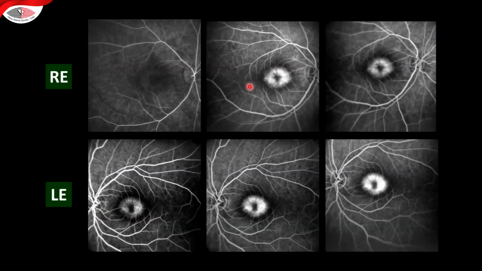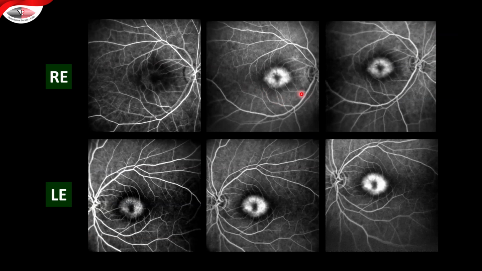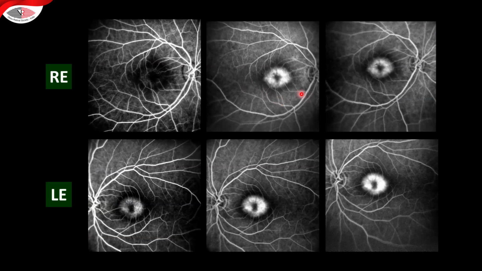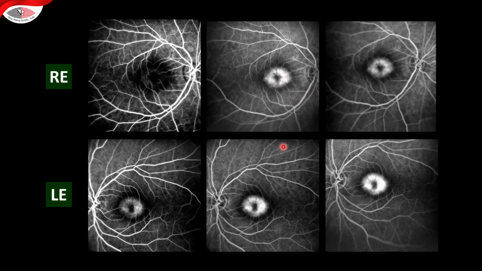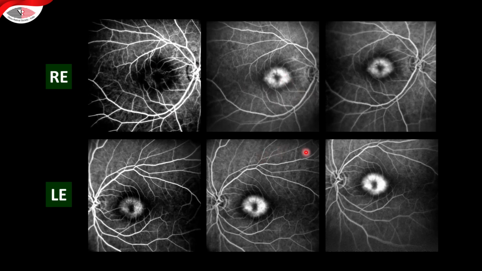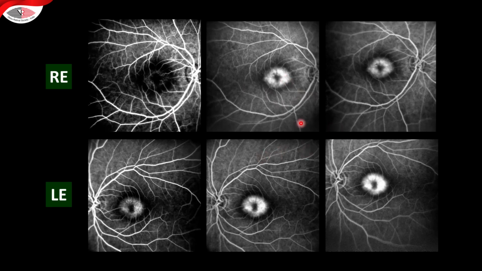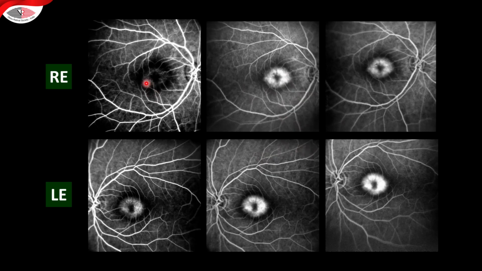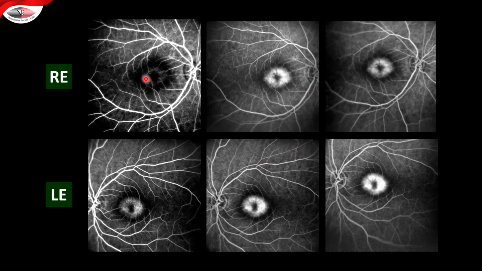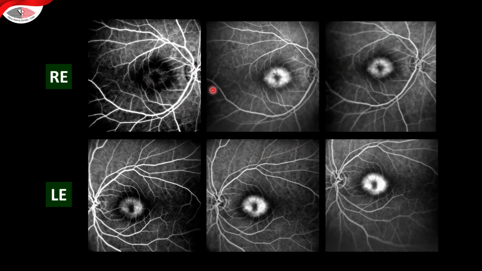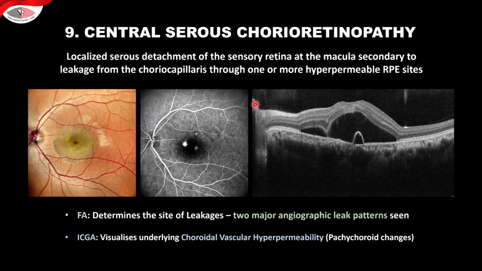When you do the fluorescein angiography, you see something like a cystoid macular edema, but it's very symmetrical in these areas, and you correlate it clinically. As the phase progresses, you'll see early changes happening on the temporal side of the fovea, and then it becomes more concentric there.